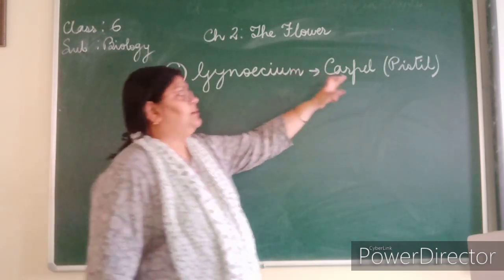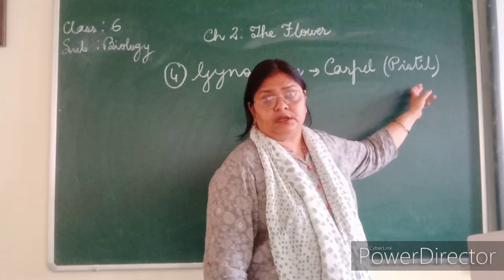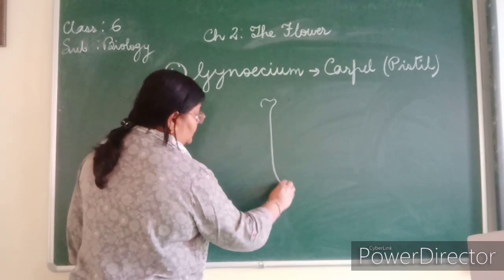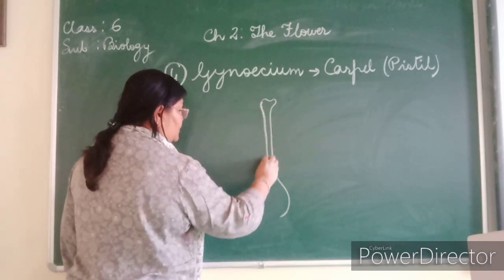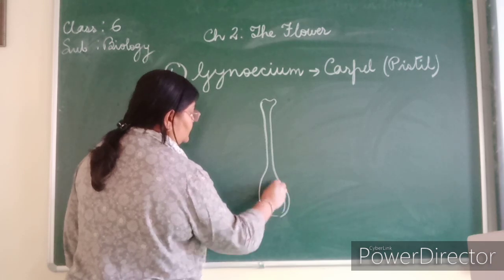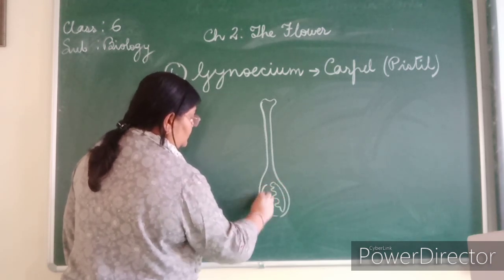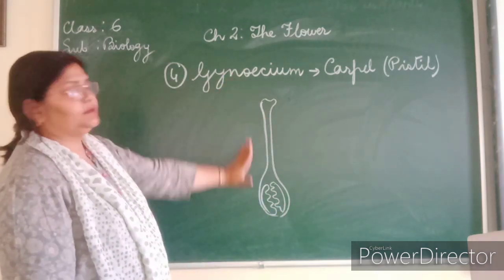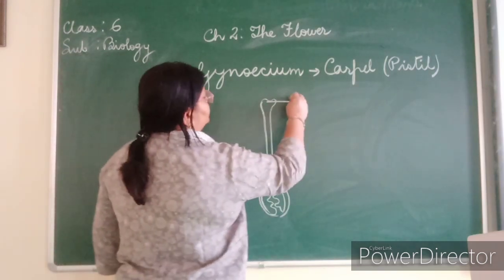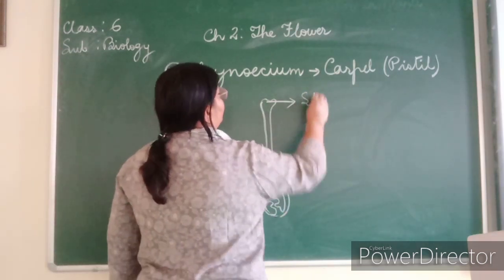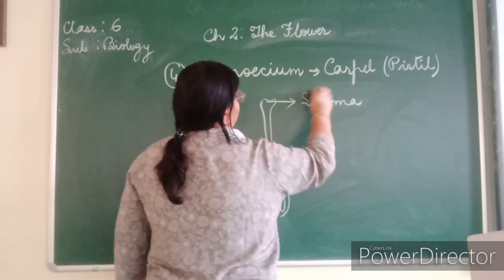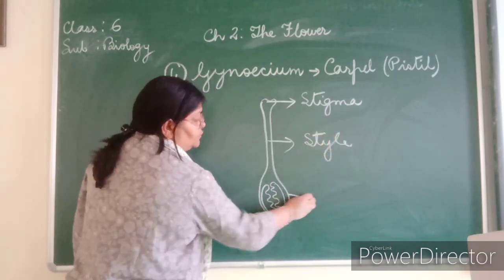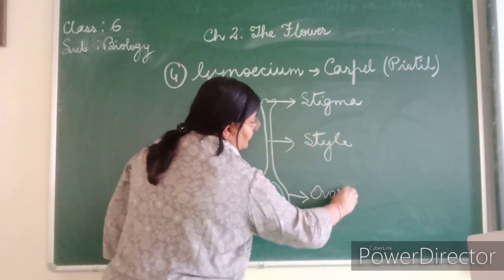The gynoecium is made up of carpels or pistil. Now how does this look? It has three parts mainly. Quickly let me draw it. The carpel or the pistil has mainly three parts. The head or the topmost part is called the stigma. The tube-like structure is called the style, and the swollen part is called the ovary.